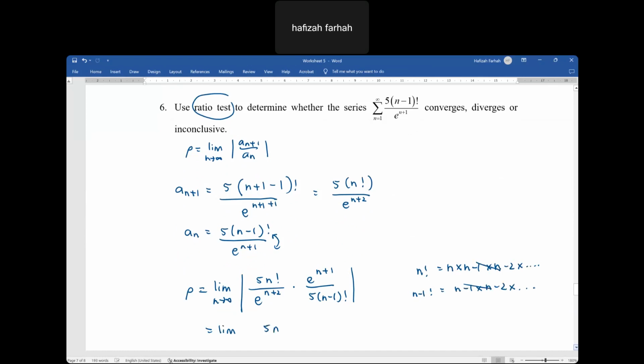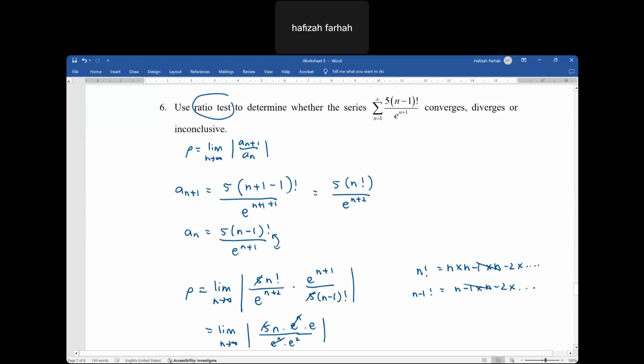Limit of 5n over, this one e to the power of n times e, this one e to the power of n times e squared. This has cancelled, right? Oh, 5 can also cancel. What is left, e^n can also cancel.